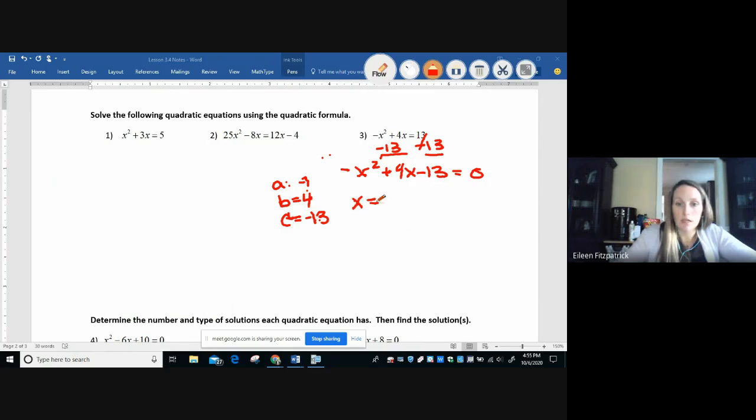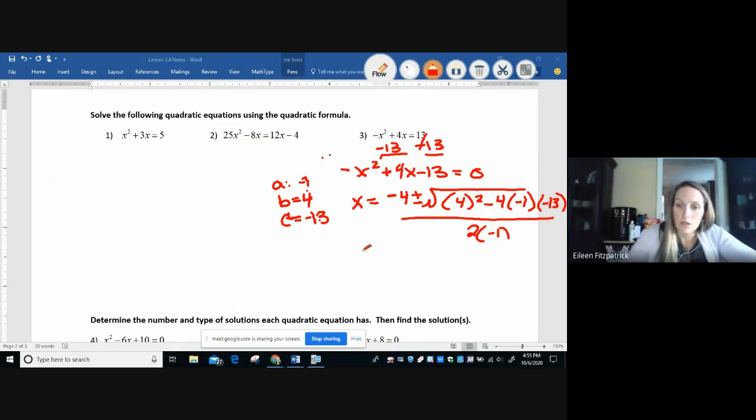I have x is equal to negative b plus or minus the square root of b squared minus 4ac all over 2a.